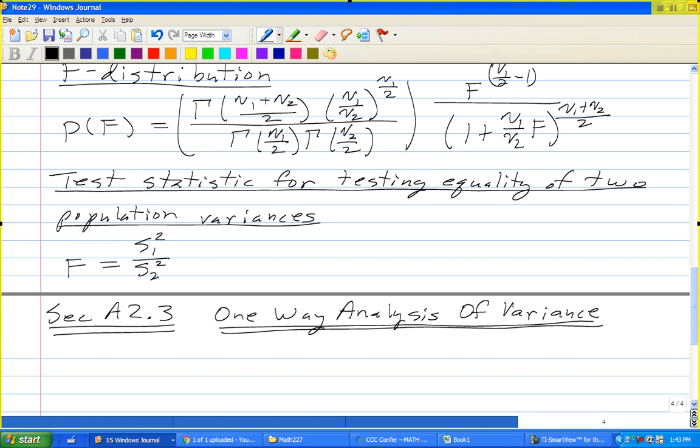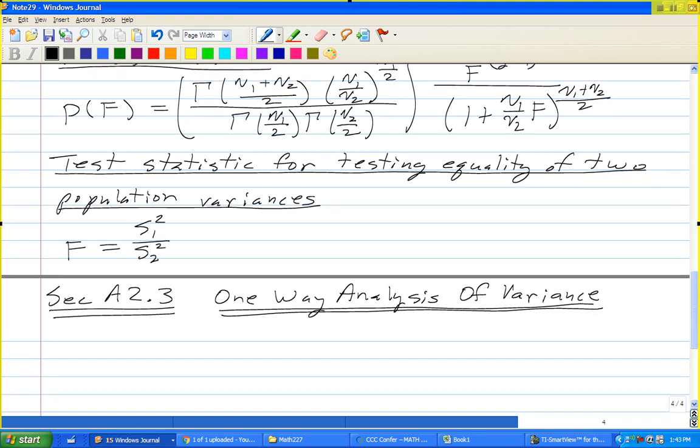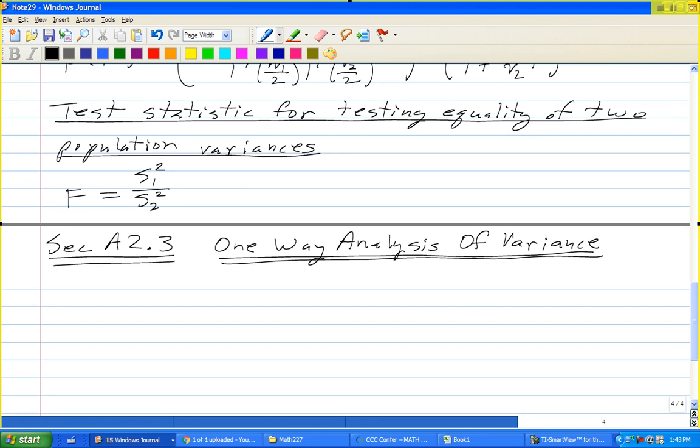In one way analysis of variance, we're going to be testing if several population means are equal. And I can split up the total variance into two pieces.